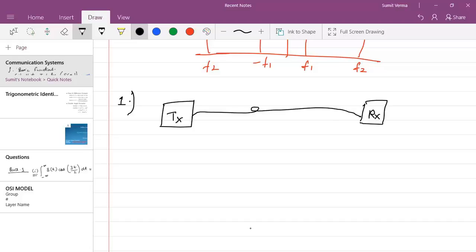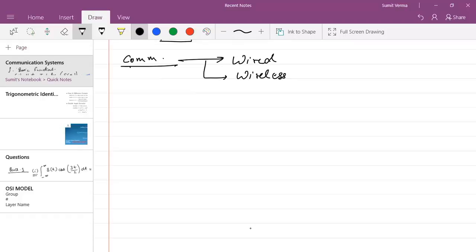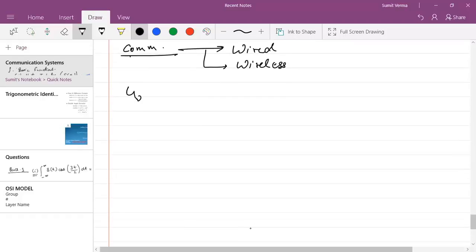Now I will classify this communication system into two types. First one would be wired, and second one would be wireless. So let's see the difference between them. First let's see the wired system.